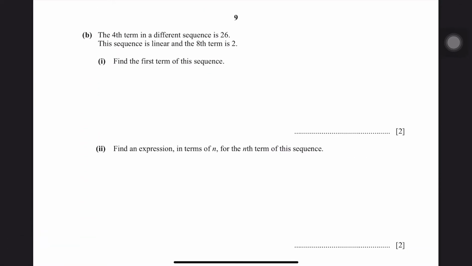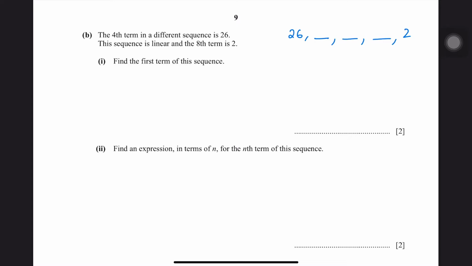Then it says the fourth term in a different sequence is 26. The sequence is linear and the eighth term is 2. Okay, so fourth, fifth, sixth, seventh, and eighth term is 2. So that's gradually reducing.